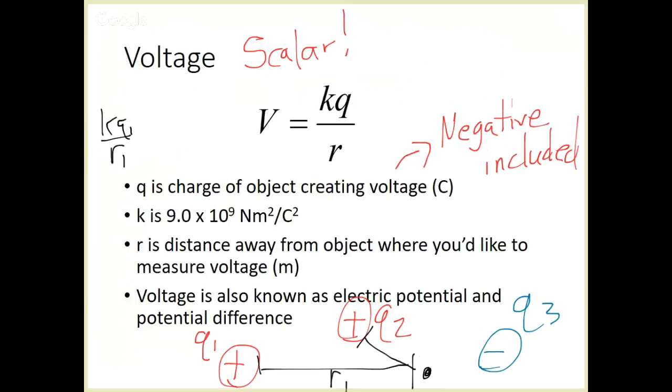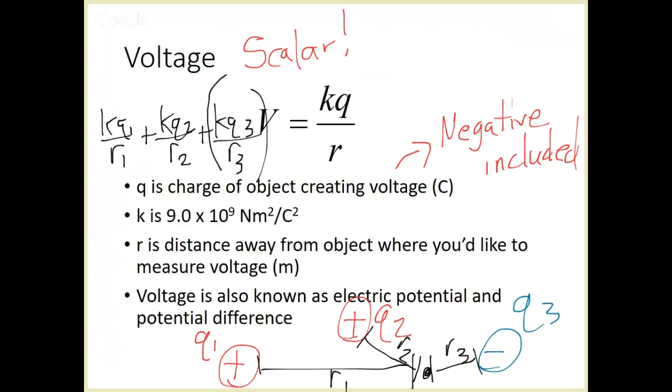R2 is just the distance from Q2 to this point, and R3 is here. So yeah, KQ1 over R1 plus KQ2 over R2 plus KQ3 over R3. Not forgetting that Q3 is negative in the picture that I drew, so this portion of it will be a negative number. Nice. And that's it.